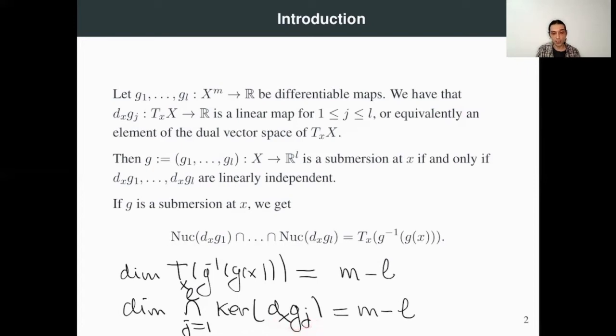That's the reason the intersection of the kernels has dimension M minus L. So in this way, we have two linear subspaces whose dimension is the same.